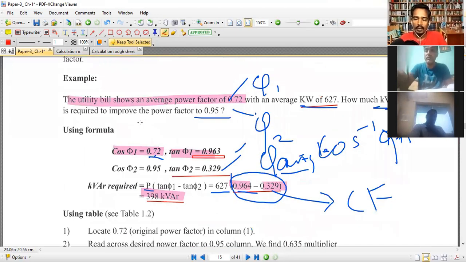Yes, sir. A simple calculation: they plan to improve the power factor from 0.72, which is the present value, to 0.95. The kilowatt is 627.